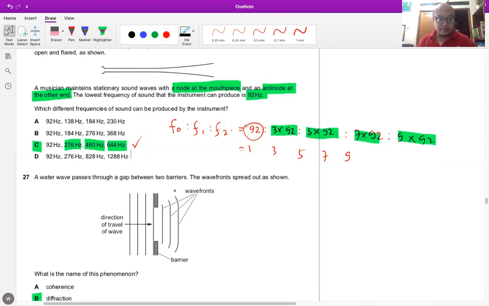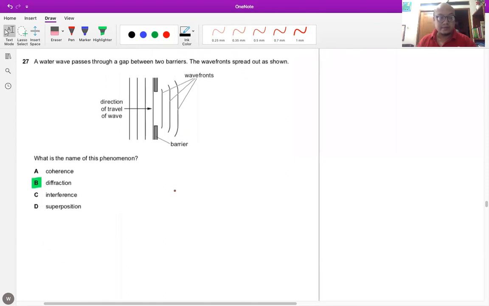Okay, now number 27. A water wave passes through a gap between two barriers. The wavefront spreads out as shown. This is the direction of travel of the wave, this is the wavefront, and this is the barrier. What is the name of the phenomenon? Diffraction. This is correct. Diffraction, not interference, not superposition.